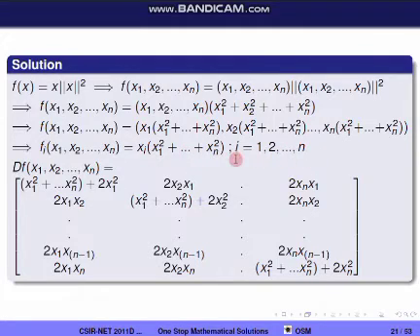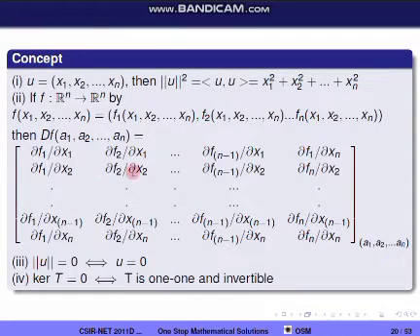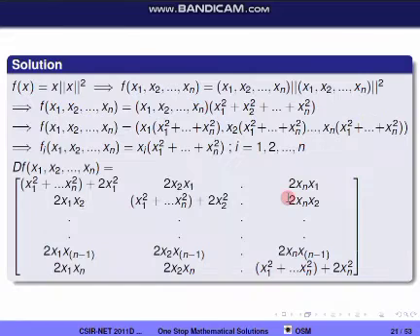So the derivative of f at the point x1, x2, etc. up to xn is defined by that matrix there. So we will substitute for each. So the first entry is dou f1 by dou x1. So differentiate f1 with respect to x1. So we will get this element. The second element is to differentiate f2 with respect to xn.